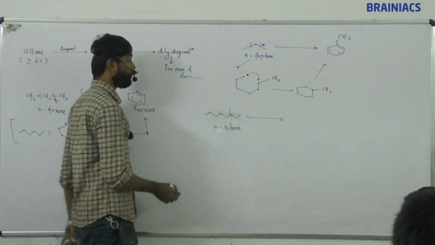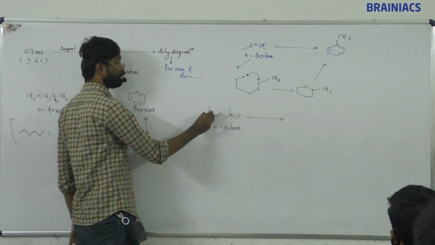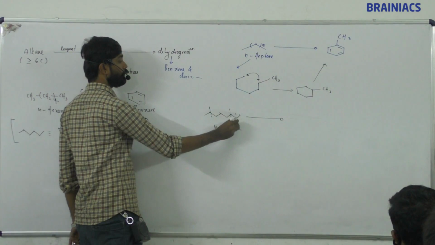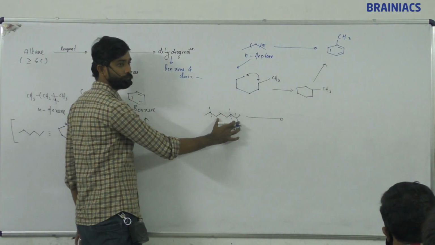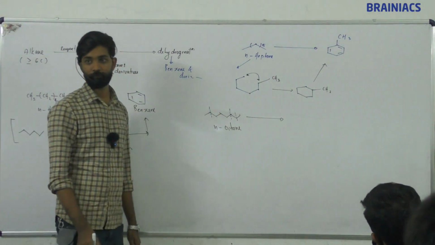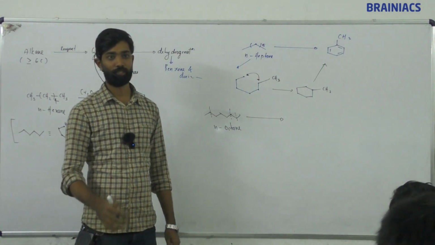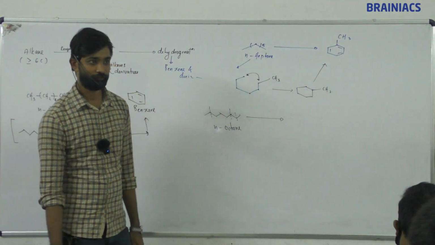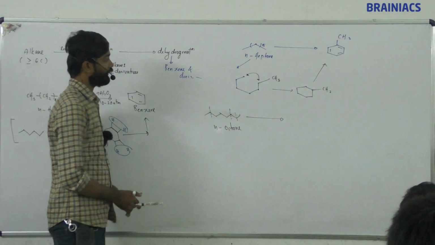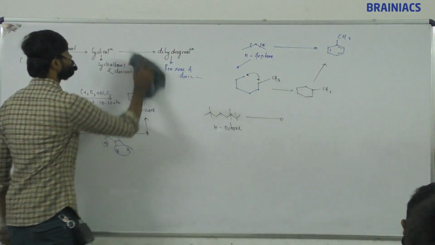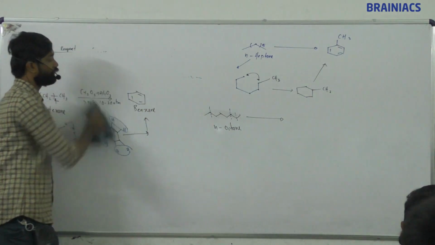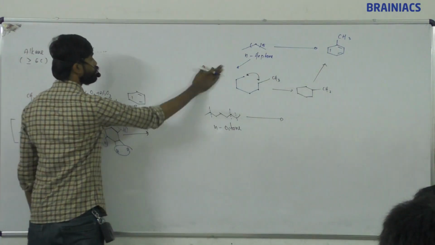Or you can choose the middle 6, and that becomes cyclized. So there will be an extra 2 methyl substituents.